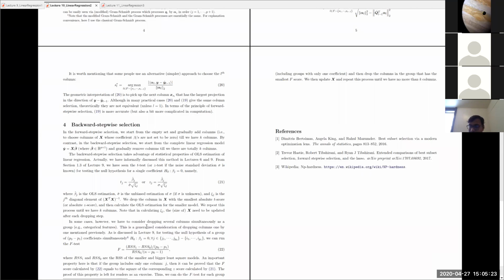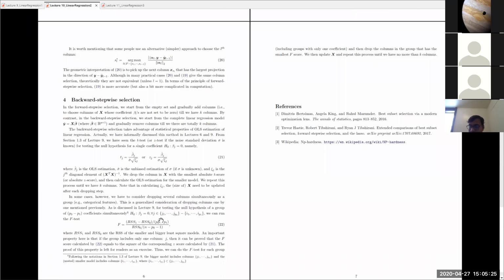This is actually the same as we mentioned before, in lecture 9 or in the logistic regression. Remember it. What we're going to do is, if it's just for a single variable, we're going to just run the t or z test and drop the lowest one. I'm going to keep dropping until I have k columns inside.